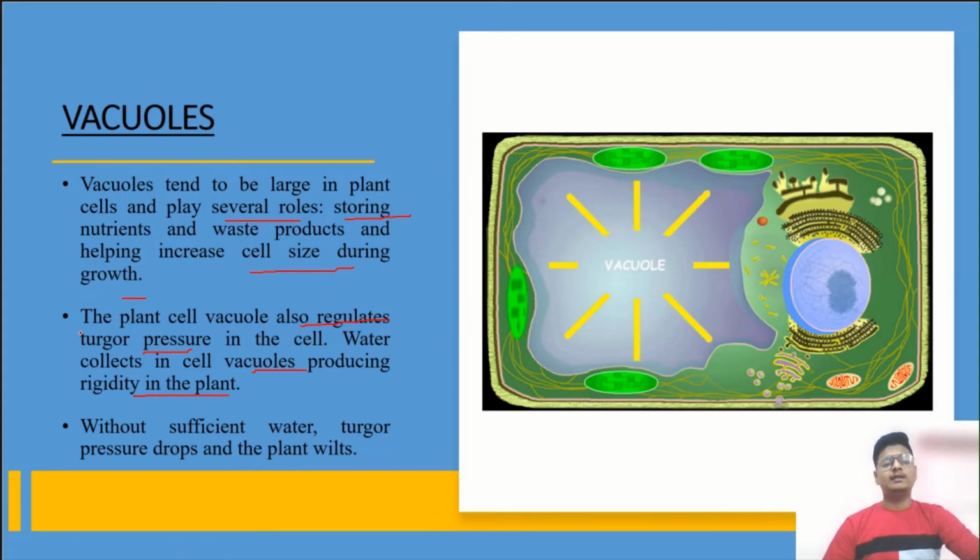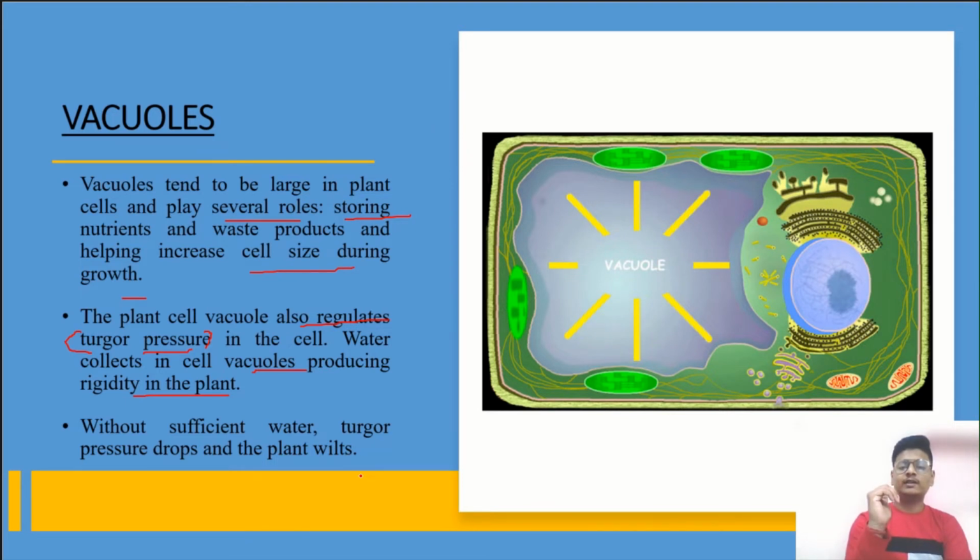We will learn about turgor pressure in further classes. Till now, just know that it regulates turgor pressure, and without sufficient water, turgor pressure drops and the plant wilts. If there is no turgor pressure, the plant will become like this.